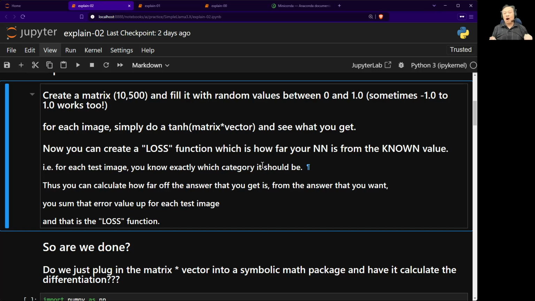And you need to figure out how far the garbage output is from the output that you want. And that is the loss function. In other words, you calculate how far off the answer you get is from the answer that you want. Then you sum that error value up for each test image, and that is the loss.